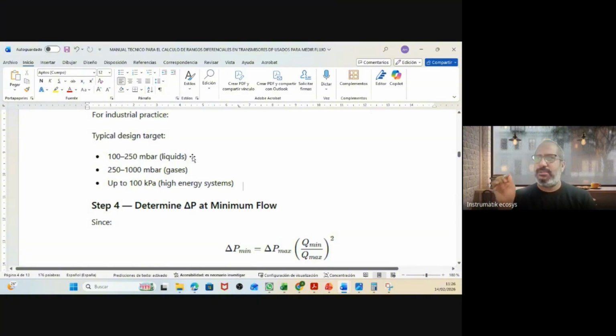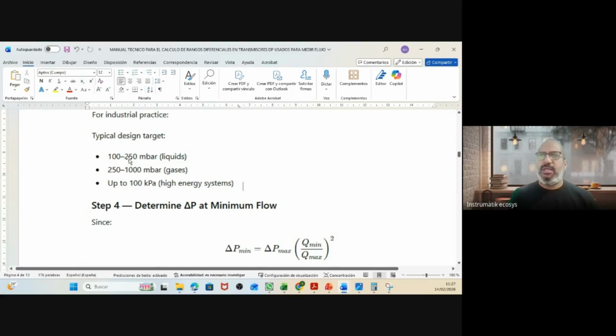It's not that it has to be this, yes or no; it's that these are typical design targets. So if you calculate for liquids a differential pressure that's beyond this value, you have to think about it and try to figure out where the problem is or what you can optimize, to try to be within this range.